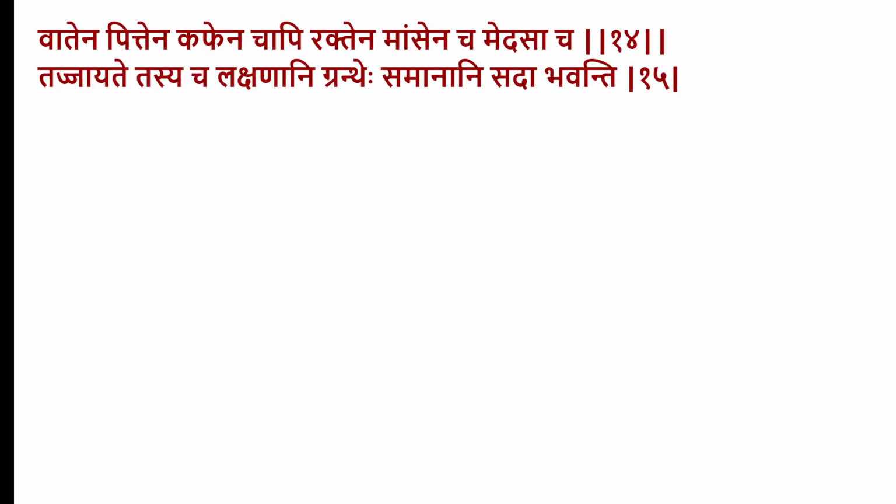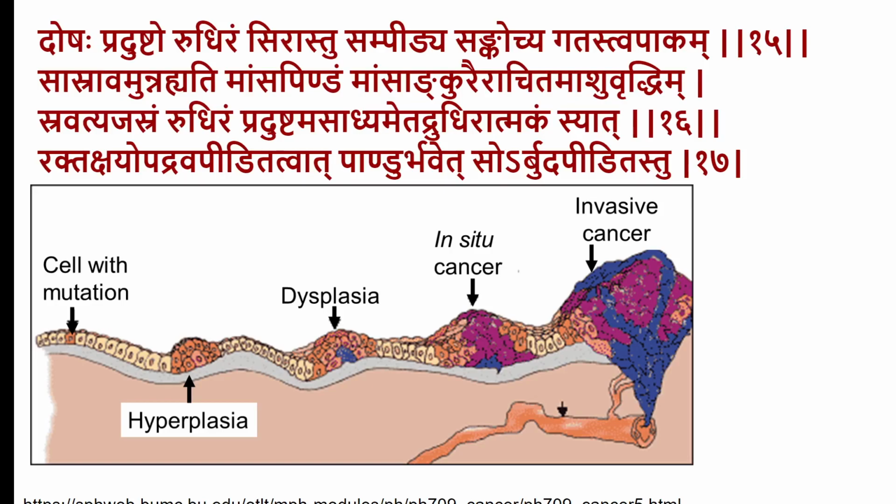These symptoms are supposed to be the same. Whereas for Raktaja Arbuda, Sushruta has mentioned a sign different than the Siraja Granthi. Siraja Granthi is representative of the same. Then Mamsa, there is no specific mention of Mamsa Granthi, whereas Mamsa Arbuda is mentioned. Medas, the Granthi is mentioned. So there is a bit of confusion about this issue.